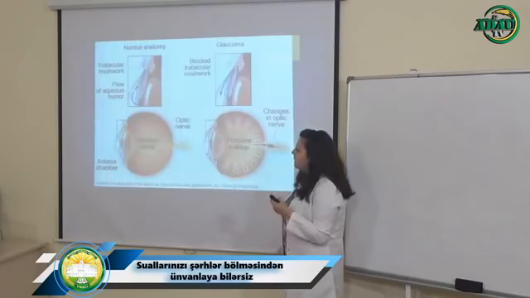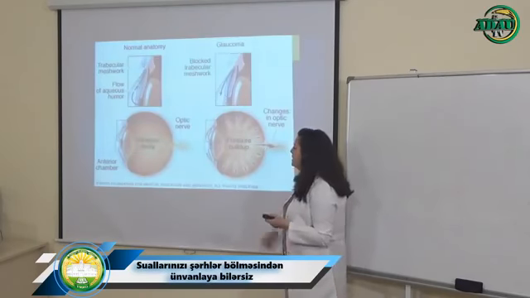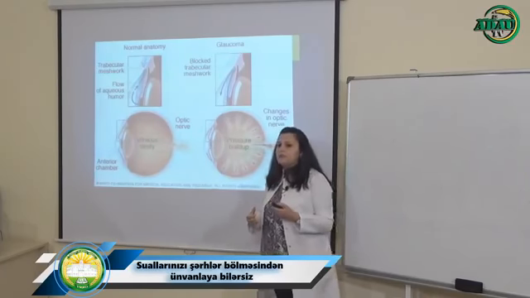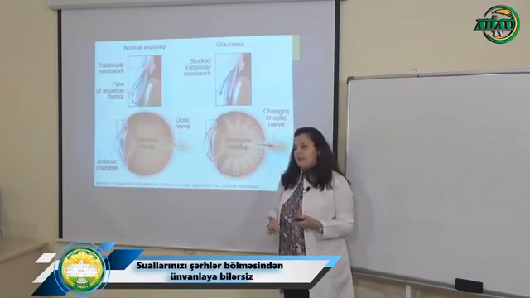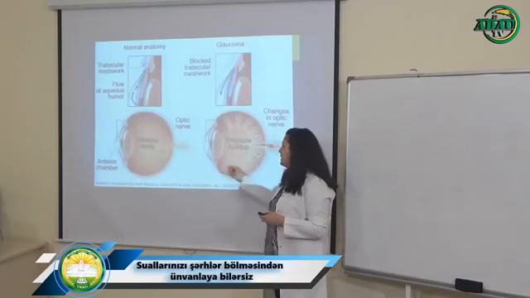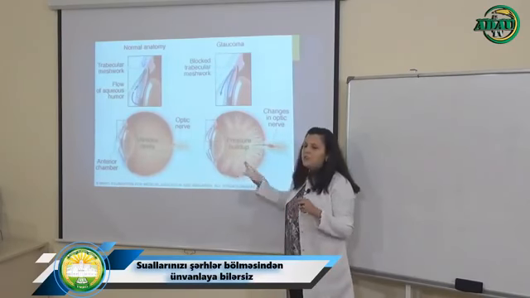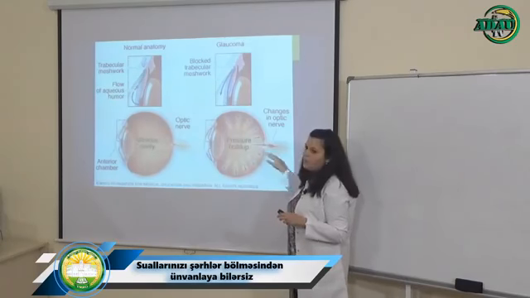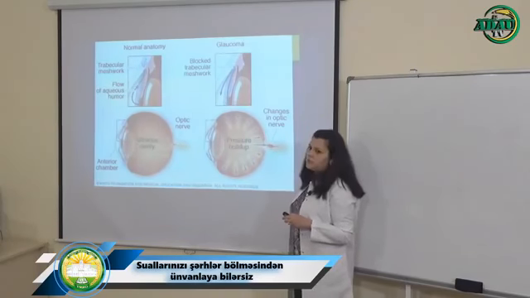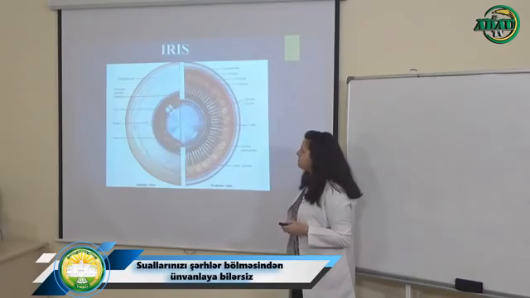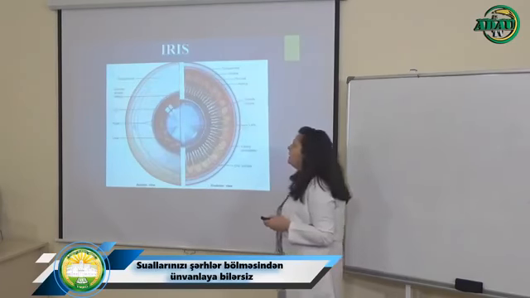And as I already told, the imbalance between the secretion of this liquid by the ciliary body and its drainage can cause glaucoma and an increase of the blood pressure. Not blood pressure, intraocular pressure. Increase of intraocular pressure can cause damage of the optic nerve, and as a result, this can lead to blindness.